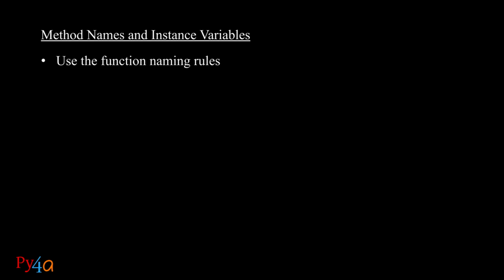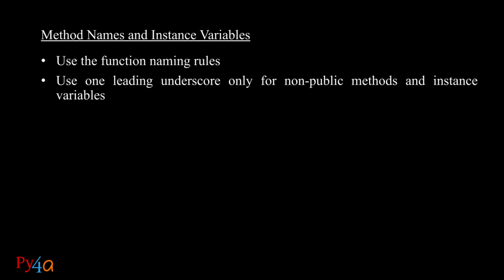In other words, use all lowercase or lowercase with underscores. Use one leading underscore only for non-public methods and instance variables. We will explain what we mean by non-public and public methods when we get to object-oriented programming in detail.